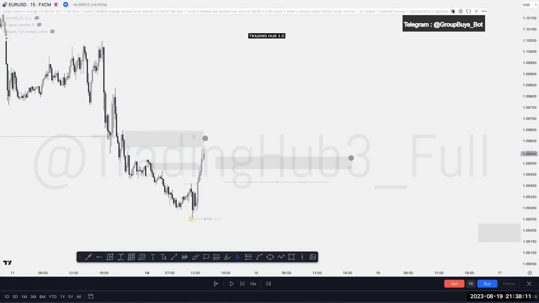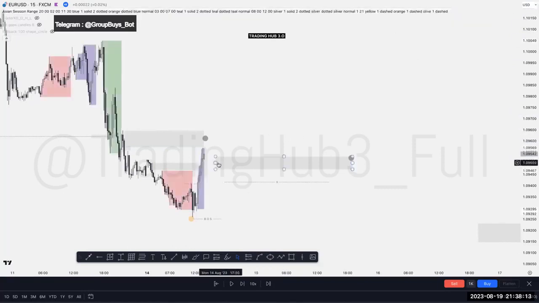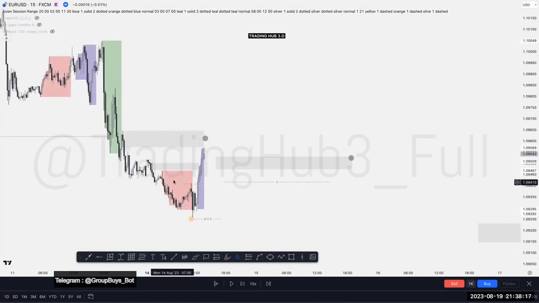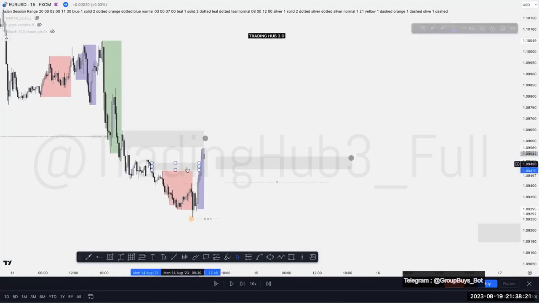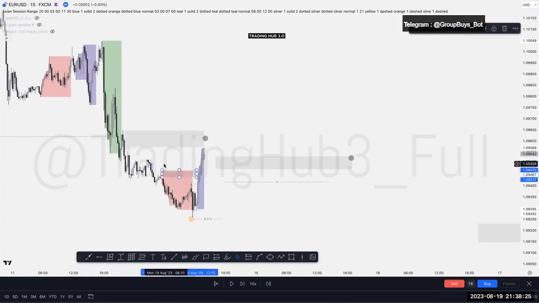Okay, if you enable session timing right here, yes sir, this one is actually mitigated here, and if you are willing to sell here based on shadow here, you can also mark this one. I marked this one because it looks more clear and better, that's why, right? Both are valid here, right?